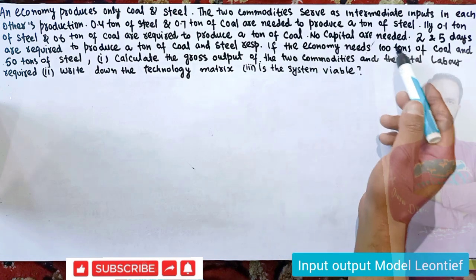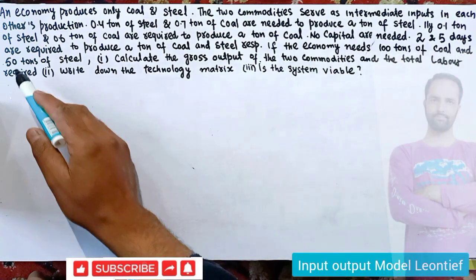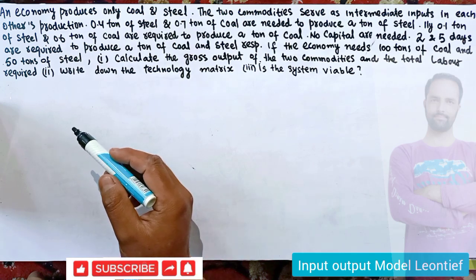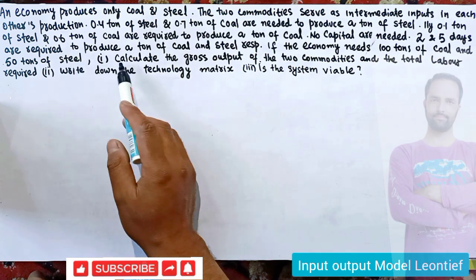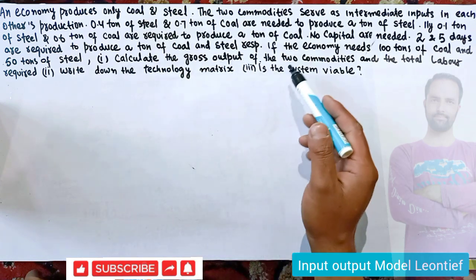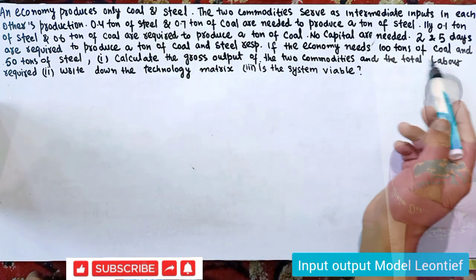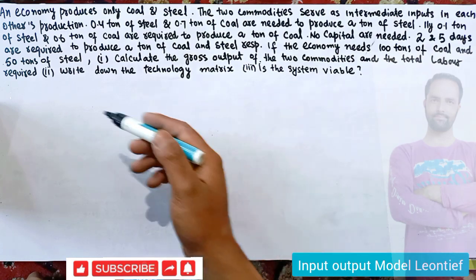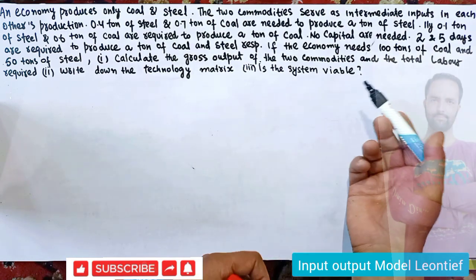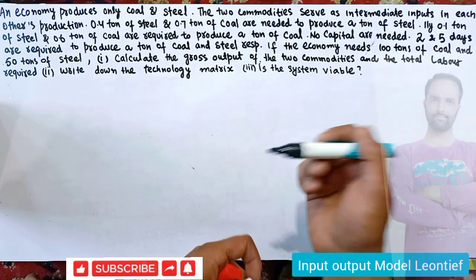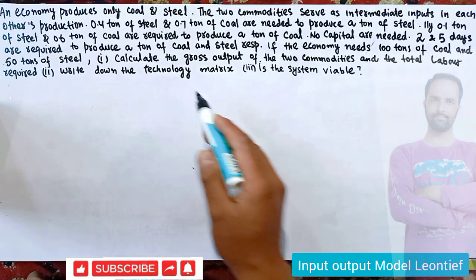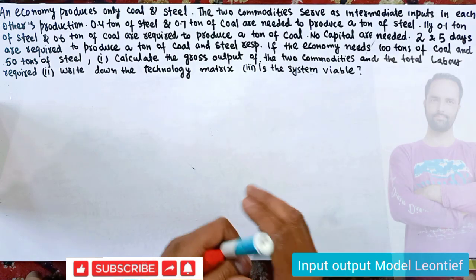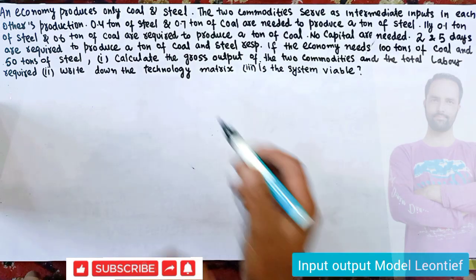If the economy needs 100 tons of coal and 50 tons of steel, okay, so we have to calculate the gross output of the two commodities and the total labor required. That means how much each industry will produce and the number of labor days required to produce that very amount of output. Also we have to write down the technology matrix and we have to see whether the system is viable or not. Okay, let us first write the technology matrix.